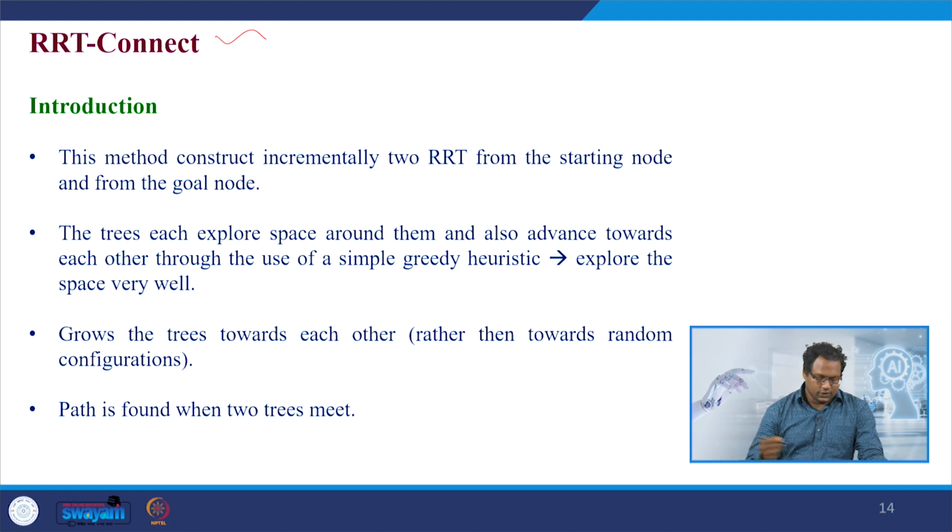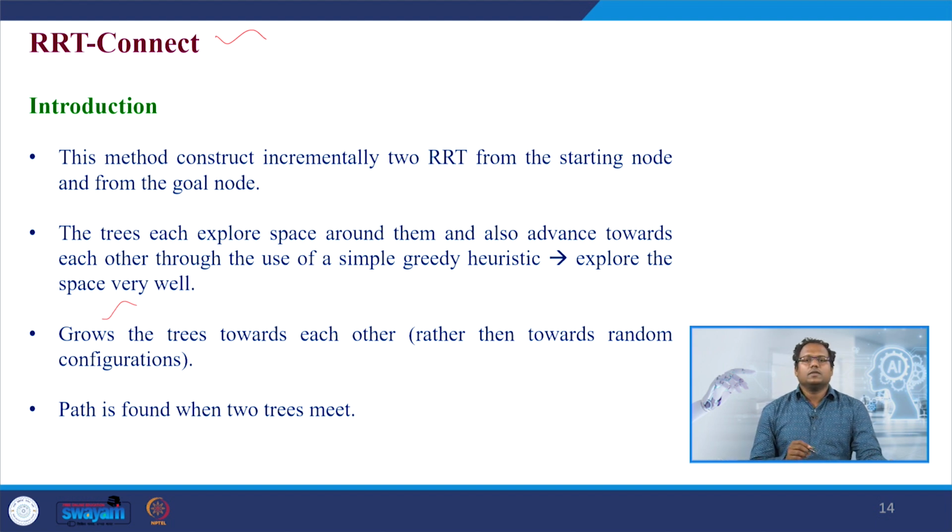Let us see this algorithm in the next forthcoming slides. This approach grows the trees towards each other rather than towards a random configuration. So, the incremental tree growth is confined towards the other tree.